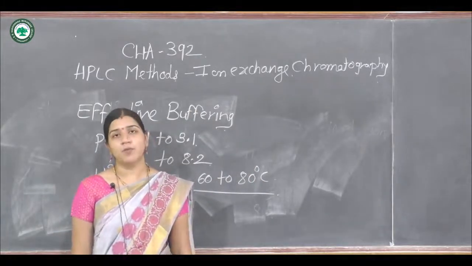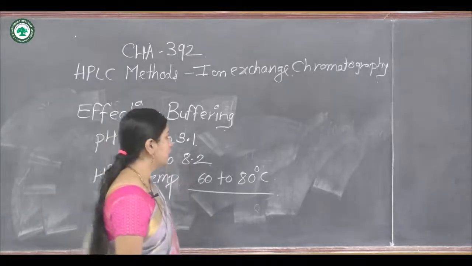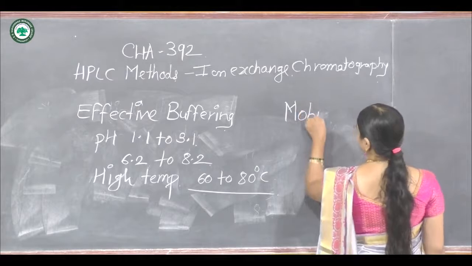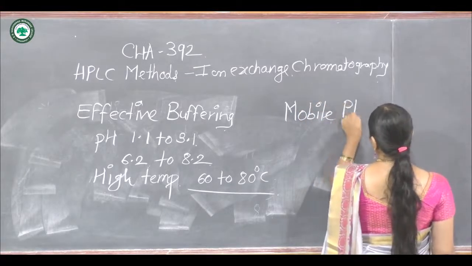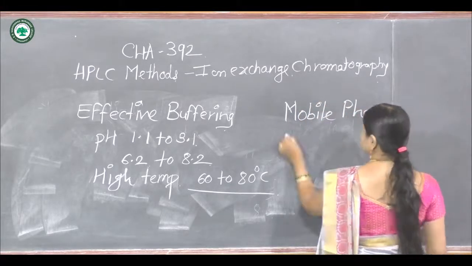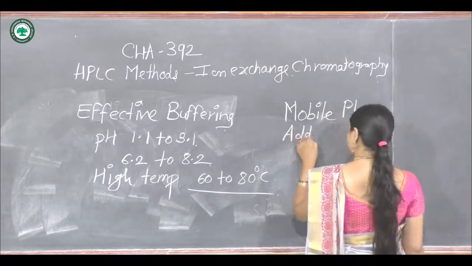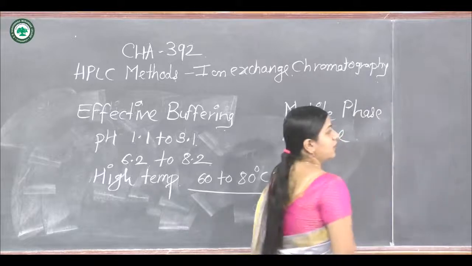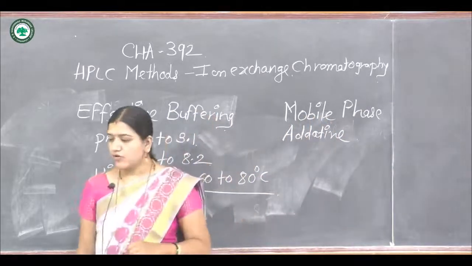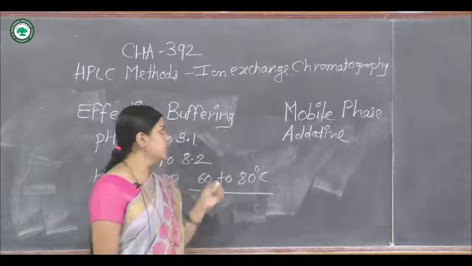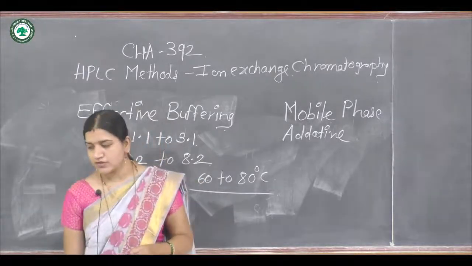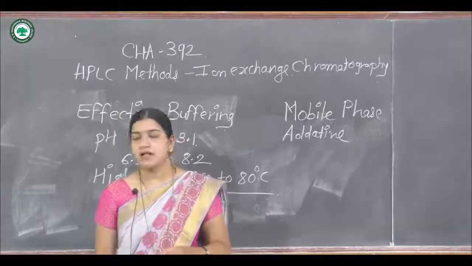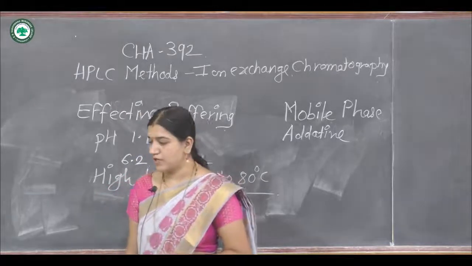Now along with the pH, pKa, effective buffering and the high temperature, one more important thing is the mobile phase additive. The next phenomenon that we have to consider is the mobile phase additive. The mobile phase is a function of the sample's acid or sample's base, that is the pKa value.